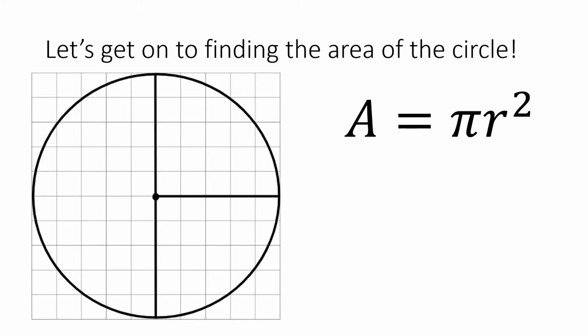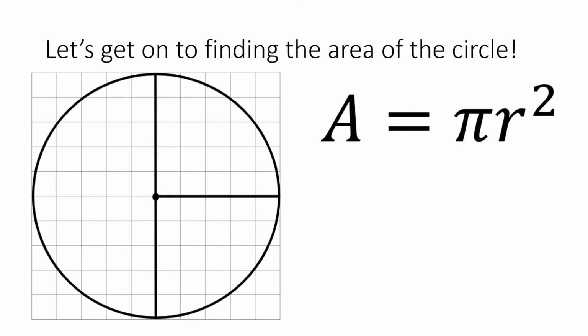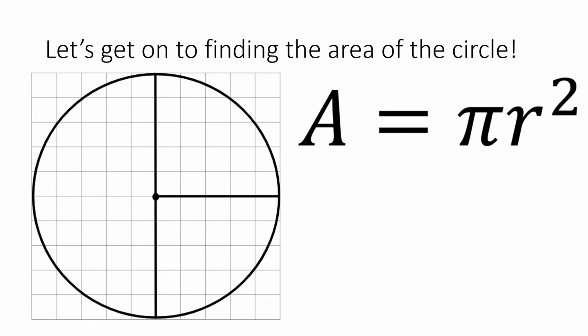So when we do this, we're going to start plugging in our values instead of the different symbols and variables that we're using. So A is area, that's what we're trying to find. Now instead of pi, we're going to plug in 3.14, and notice I put that inside of parentheses.